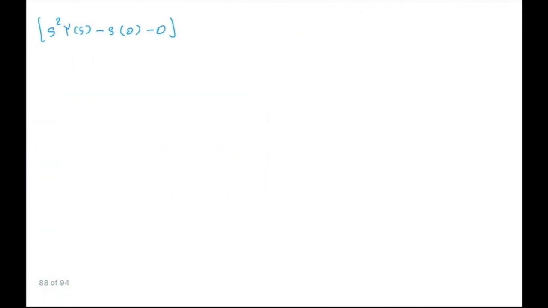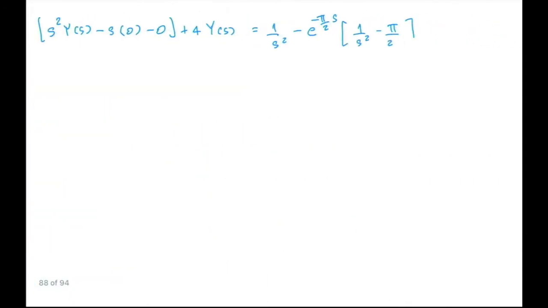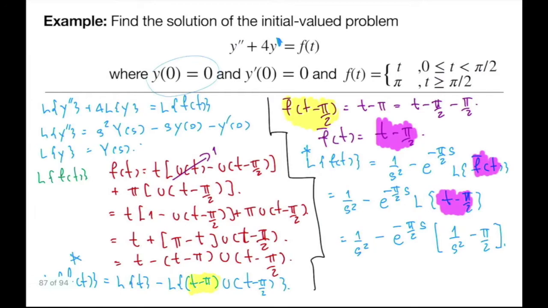Okay, plus 4Y(s) equals 1 over s squared minus e to the minus half pi s, times (1 over s squared minus pi over 2s). Oops, sorry guys.